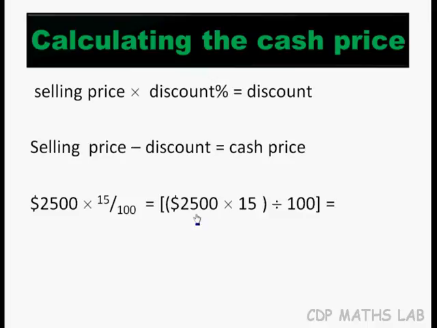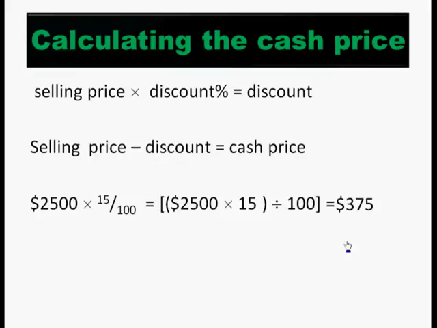You can use your cheap cell phone too and multiply 2,500 by 15. And how much do you get? Yeah, 2,500 times 15 will give you $37,500, right? But that's not the answer. You have to divide that amount by what? 100.